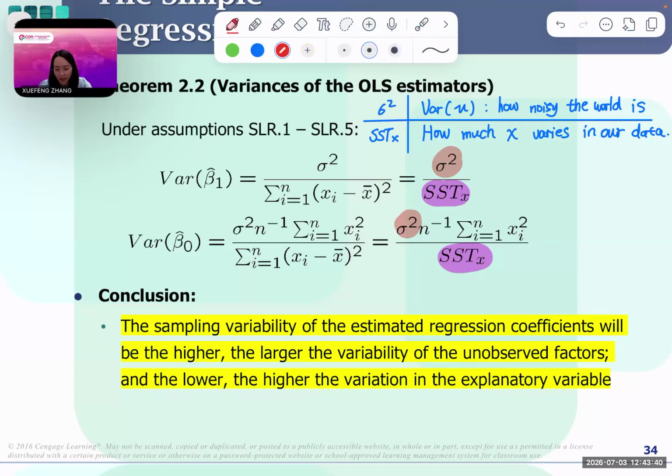So in general, we want sigma square, which is the noise from the mu, as small as possible, right? And then in order to get the variance smaller. But for SST, we want more variation in X, so we need it as large as possible, okay?